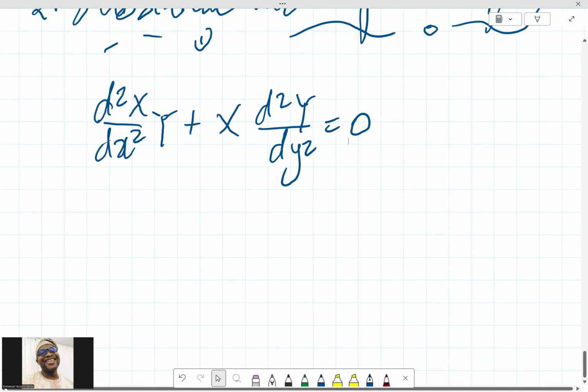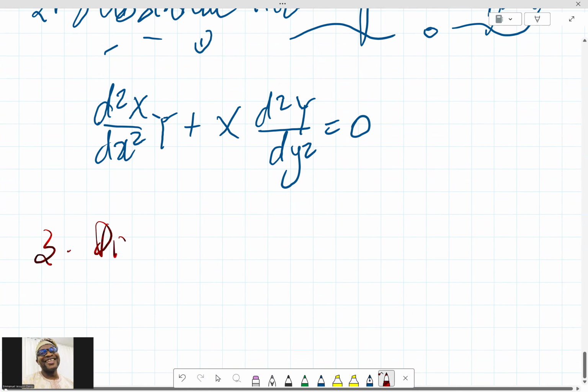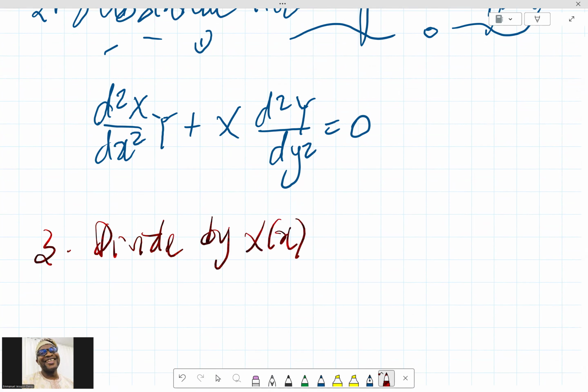Number 3, divide by X of x, Y of y, and separate variables.